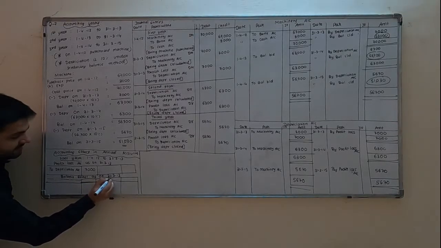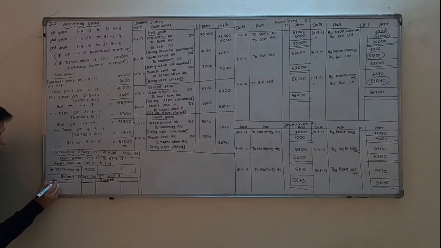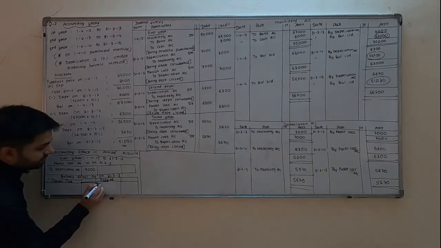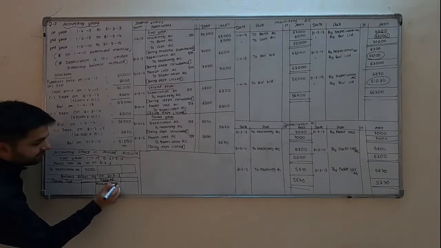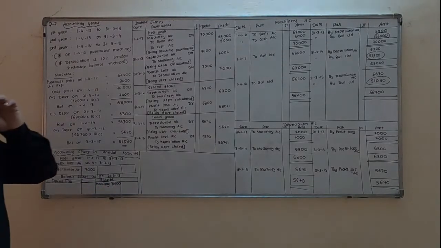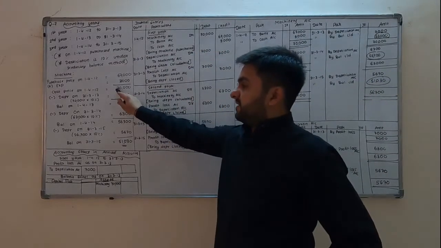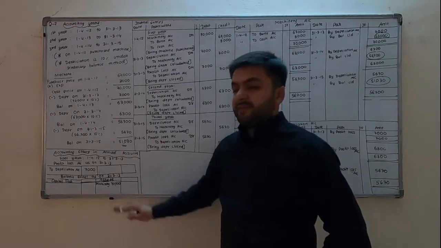Now this is assets and this is capital and liability. And as you know, machinery is to be shown on asset side. So asset side machinery 70,000. How to show in first year? The purchase price and expense including cost price is 70,000.